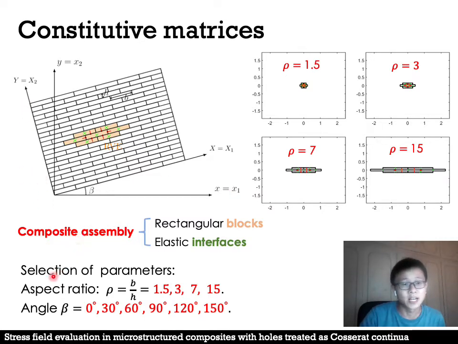Here we select 6 angles beta as shown here, and the different lengths or scales of the microstructures can be represented by changing the aspect ratio, rho, which is the ratio between the width and the height of the block. So here we select 4 values of rho. The corresponding RVEs are shown here.